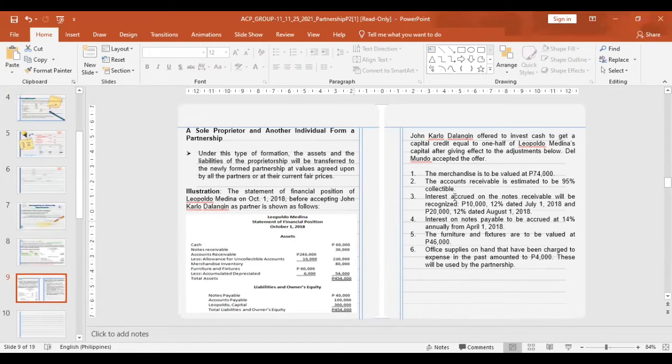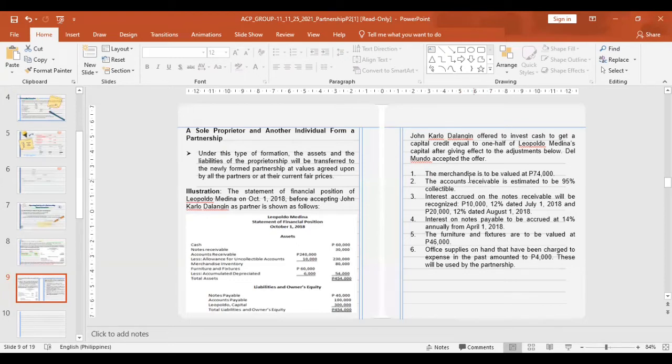So sabi ni Carlo, mag-form tayo ng partnership, pero yun nga lang, kalahati lang dun sa capital mo, yun lang yung capital ko. So kumbaga, ang hatian nila is 2:1.